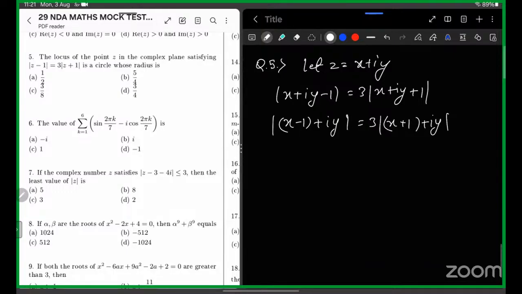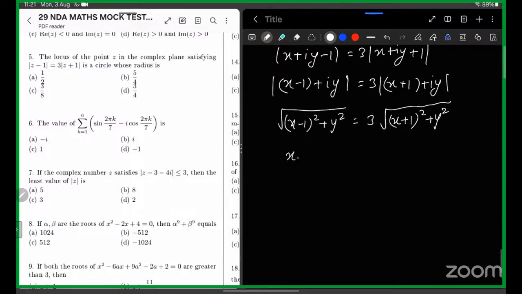Then according to this mod value, I can write it again in this form. Under root (x minus 1) whole square plus y square equal to 3 under root (x plus 1) whole square plus y square. If I do the squaring on both sides, I am going to get (x minus 1) whole square plus y square equal to 9 times ((x plus 1) whole square plus y square).